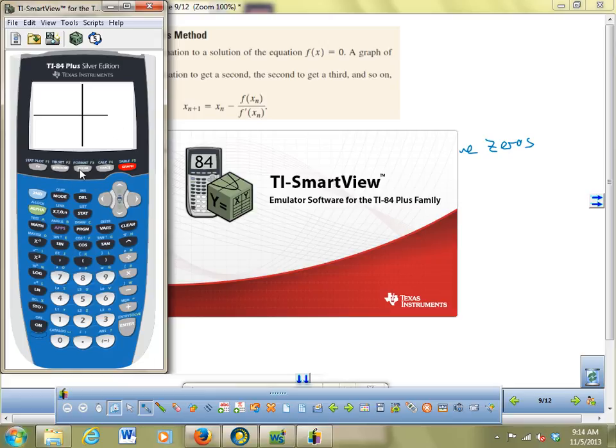If I zoom out, I would see more of the function. That's a normal window, from -5 up to 5. Where does it appear that this thing crosses about?